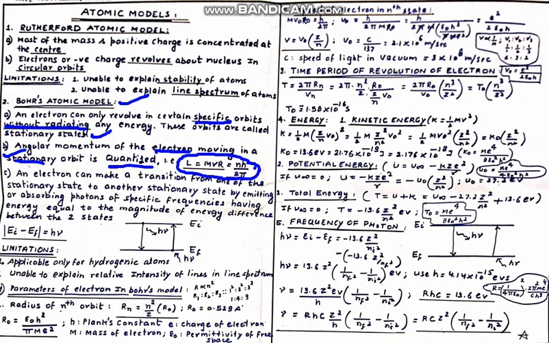Now there is a third postulate which says that an electron can make a transition from one stationary state to another stationary state by emitting or absorbing photons of a specific frequency, having energy equal to the magnitude of the energy difference between the two states. So suppose that this is energy state EI, and this is energy state EF.